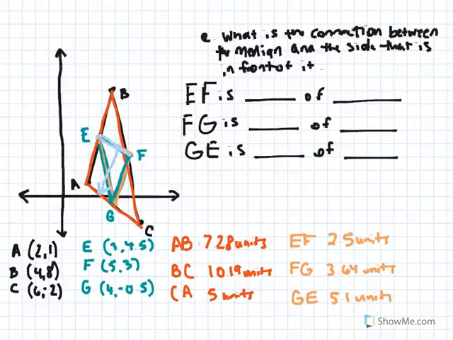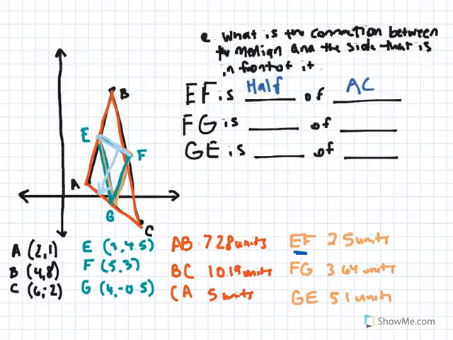So what is the length of EF? Right down here, okay, so it's 2.5. And the length of AC is 5 units. So we know that when you multiply 2.5 by 2, you get 5. So EF is going to be half of AC.